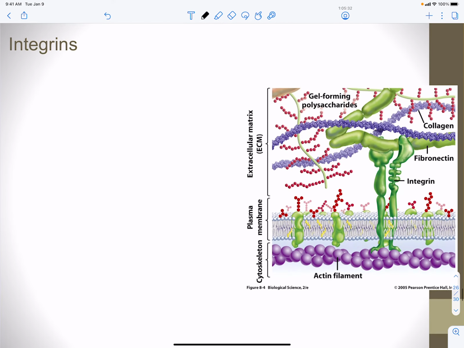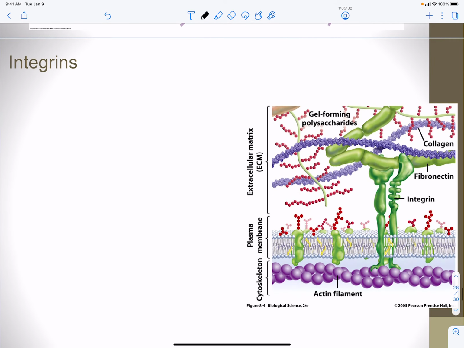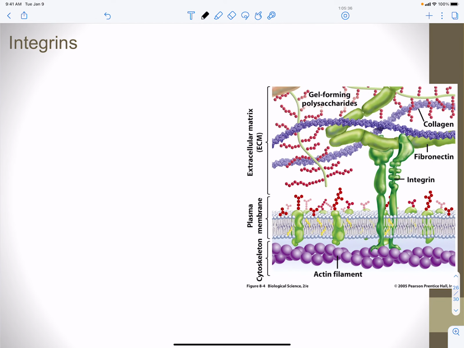Okay, so moving on to our integrins. And our integrins we've got introduced to just a little bit. These are going to be glycoproteins that attach the cells to the extracellular matrix proteins. So these are cell-bound, and they attach to the extracellular matrix.